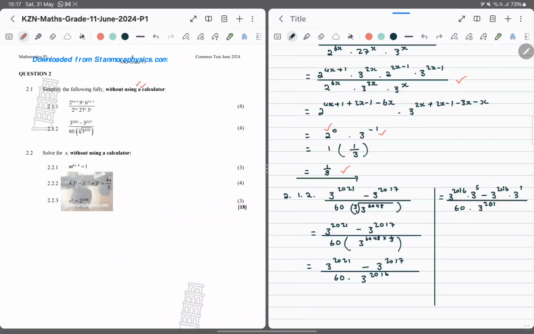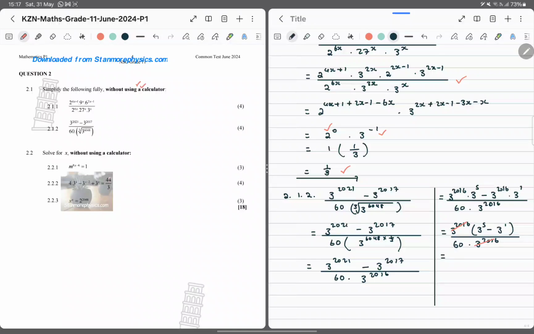Okay. Nice and easy. So this is equal to, now folks, we factorize the numerator by taking out the highest common factor, which is 3 to the 2016 into 3 to the 5 minus 3 to the 1, all divided by 60 times 3 to the 2016, and of course the entire thing takes the entire thing to 1.